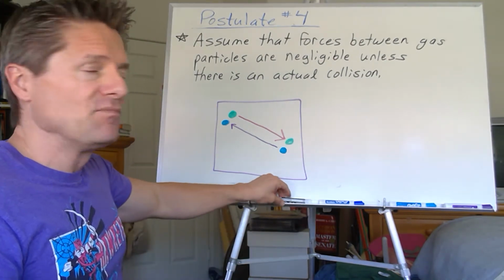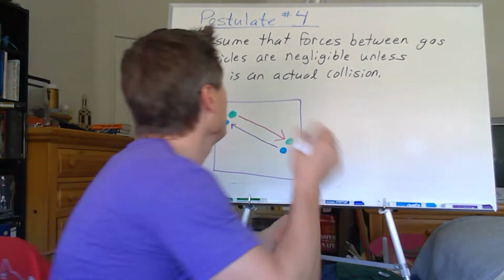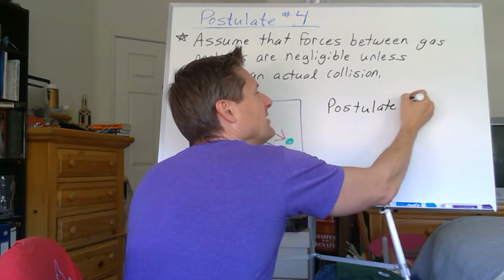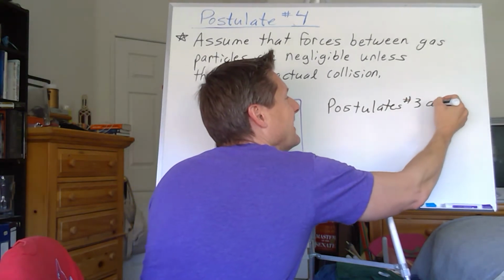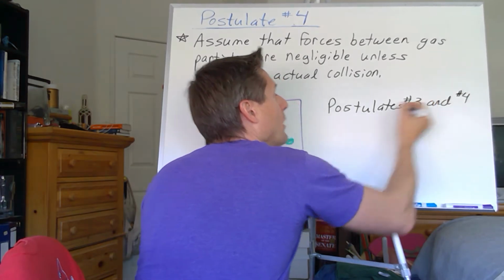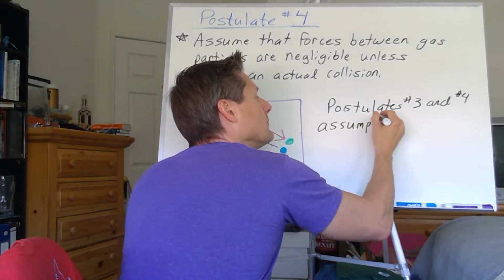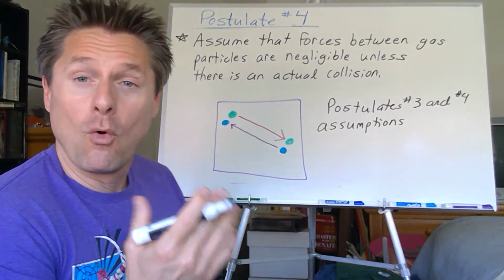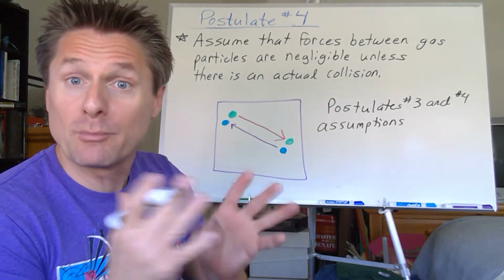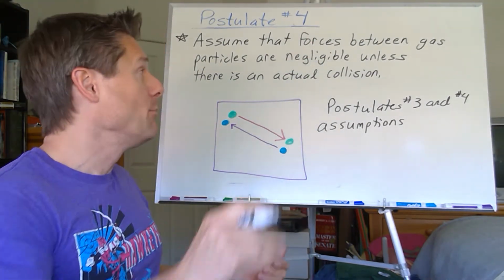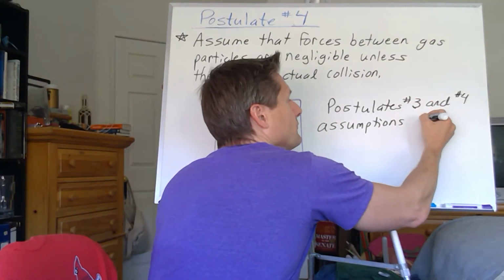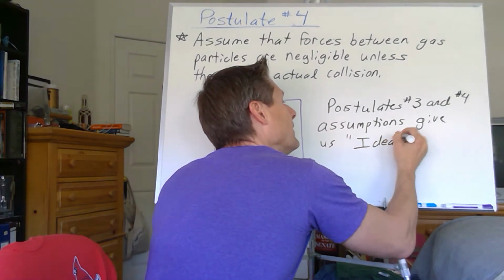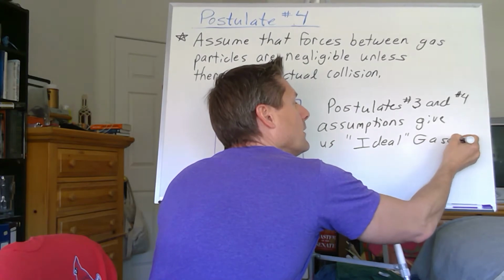So I'm going to write this down. If we take postulate 3 and postulate 4, assumptions, assuming the particle volumes are collectively zero compared to the container, and then no forces of attraction or repulsion between the particles, which isn't necessarily true in real life, that gives us ideal gases.